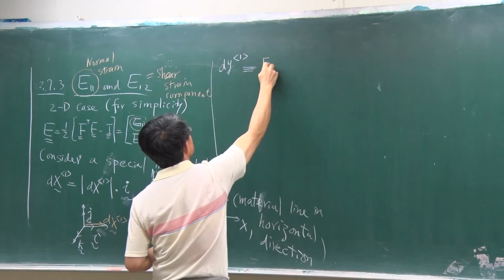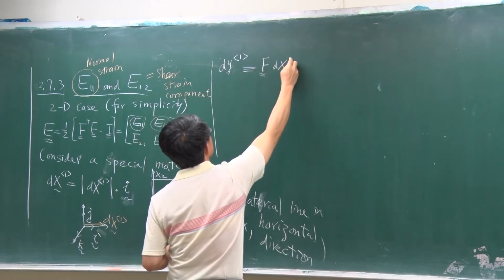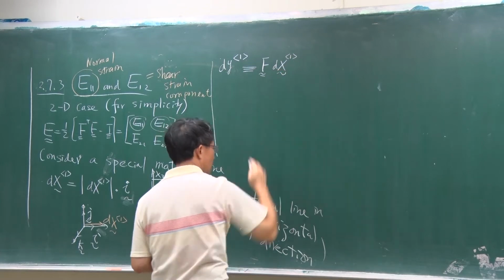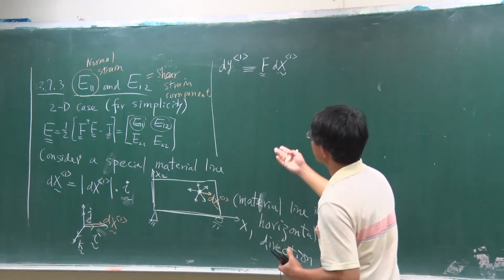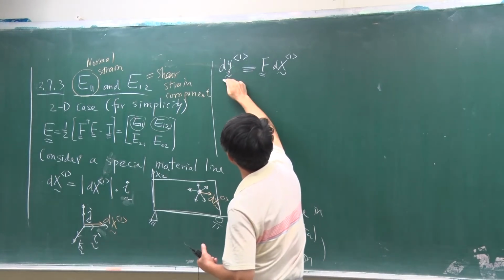After the deformation, the material line will be in this way, right? This is the deformed material line.